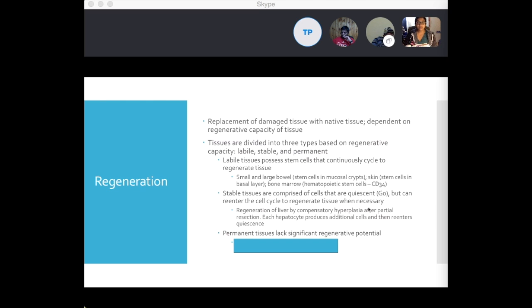And then we have permanent tissues that lack significant regenerative potential, and there are 3 key ones that are characteristically known as permanent tissues. Cardiac is one. Skeletal muscle. Neural tissue? Yes. Here we have our neurons, which, I mean, you might think axons have some regenerative potential, but again, it's not very significant.